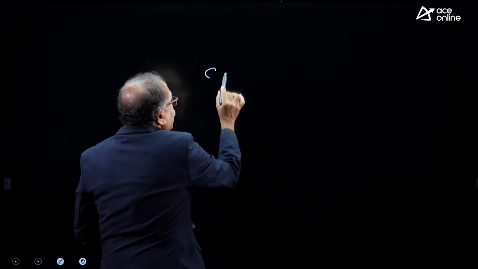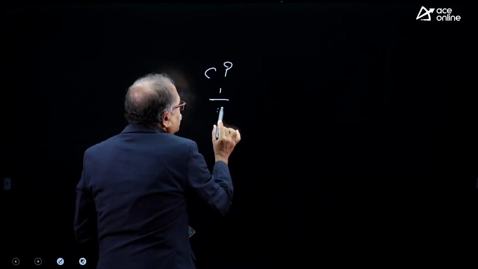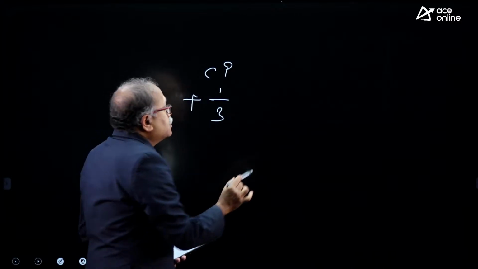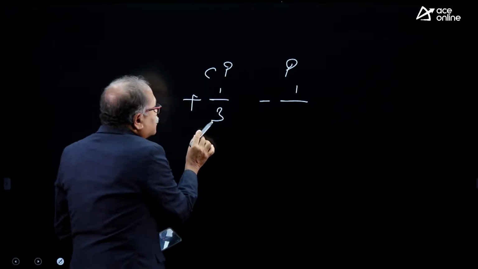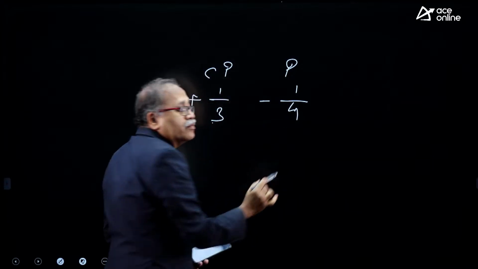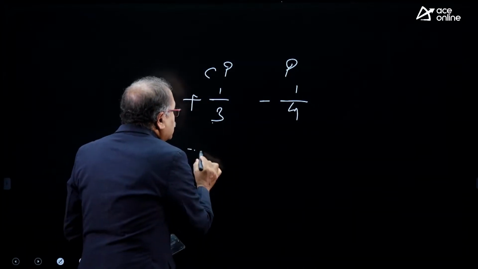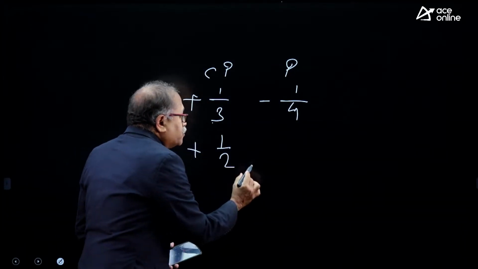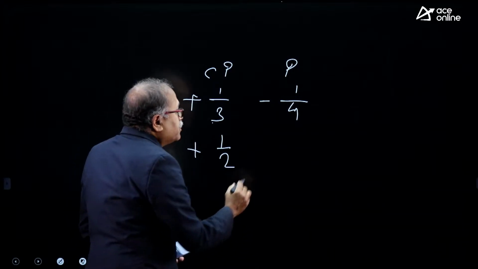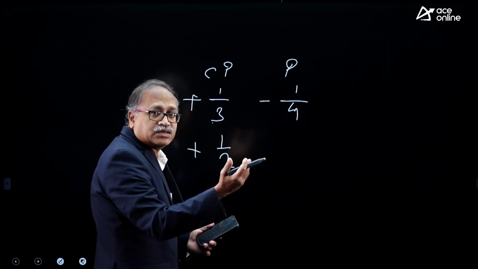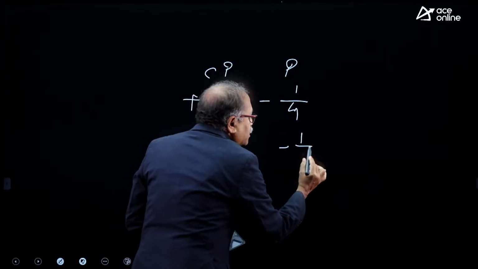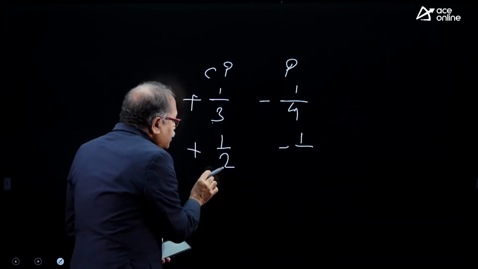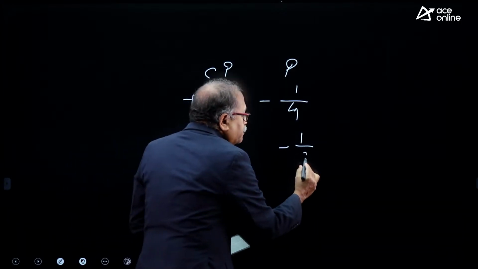If the CP has increased by 1/3, then the profit will decrease by 1/(3+1), that is 1/4. If the CP is increased by 1/2, then the profit will decrease, because cost price is increasing, by 1/(2+1), that is 1/3.